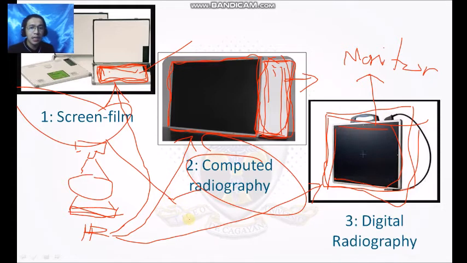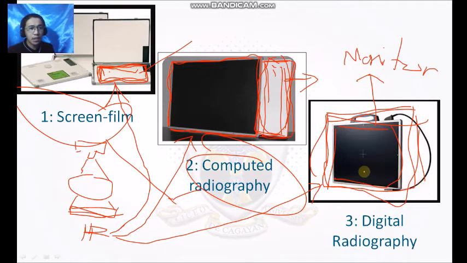That means they contain an invisible image before being processed, and right after processing, the manifest or visible image appears. In digital radiography, the latent image is absent.